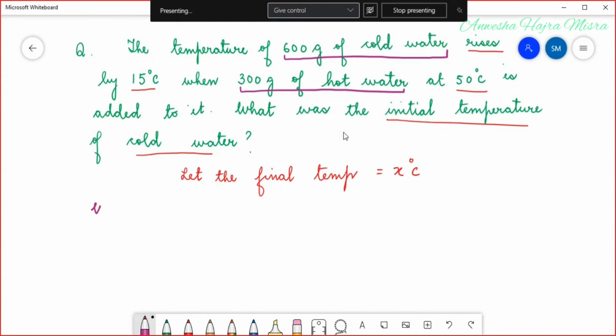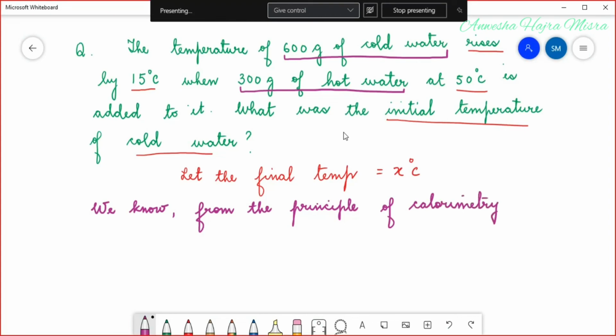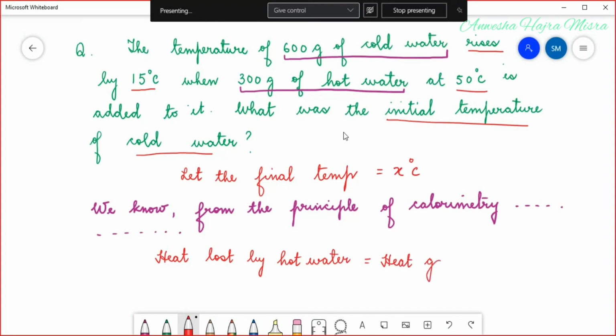Now here we know from the principle of calorimetry, you have to write the full calorimetry principle: if the system is properly insulated, heat lost by hot water is equal to heat gained by cold water.